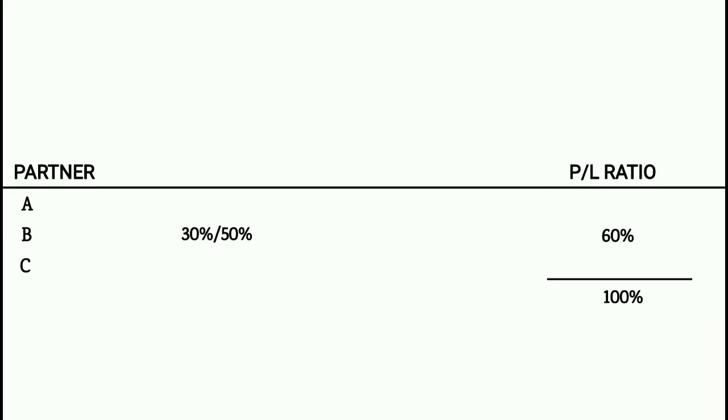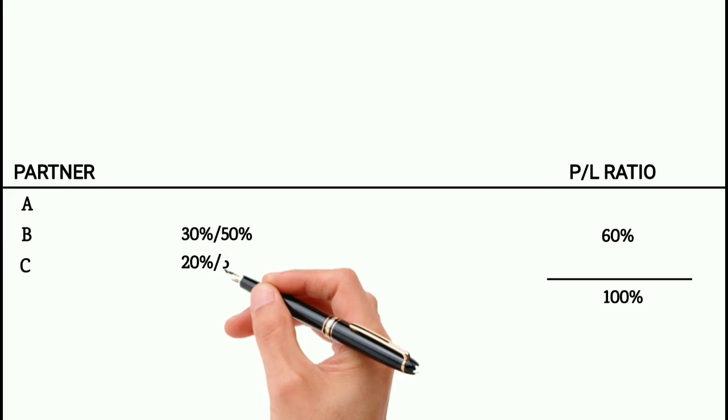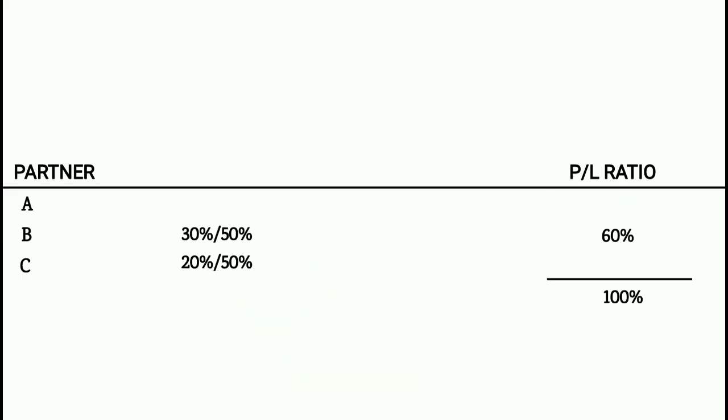And for C, 20% divided by 50%. That is equal to 40%. Therefore, the profit or loss ratio of the partners after A's retirement is 60-40. 60% for B and 40% for C.